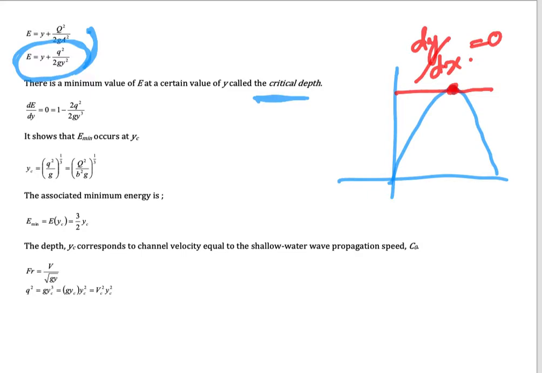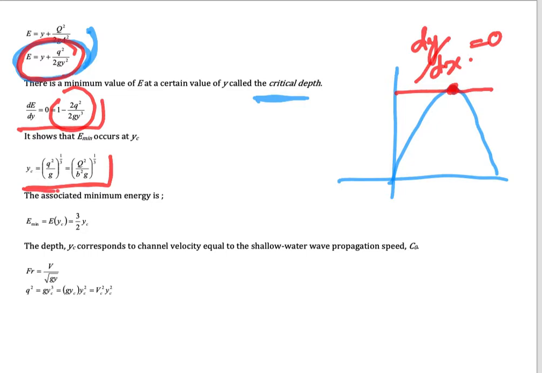So the same goes for this idea. We do the differential, so we use dE over dy, and we say that dE over dy is equal to 0. So we differentiate this term, set dE/dy equal to 0, and we get this term. From this calculation, we find that the E minimum occurs at yc by this equation.